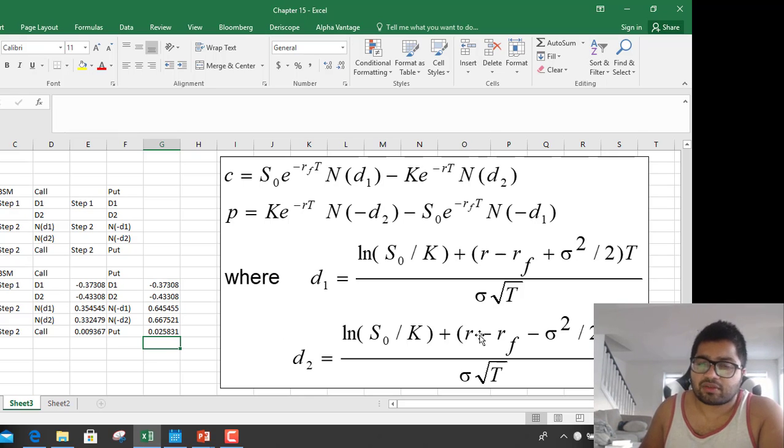So call we calculated, put we calculated. Whenever currencies are there, you have to include the risk-free rate in the foreign market.